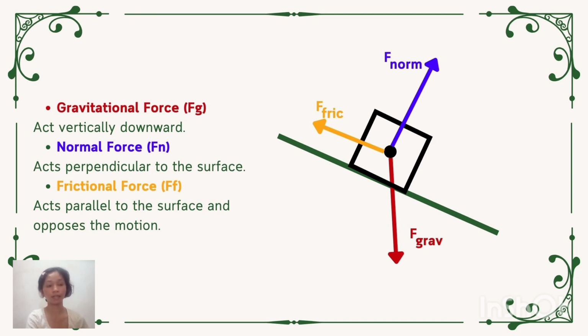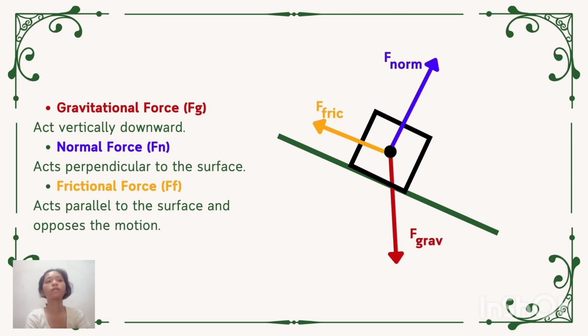If friction is present, the frictional force acts along the surface and opposes the motion. So there are times when we need to consider whether friction is present or not. This diagram helps us identify which forces act parallel and perpendicular to the inclined plane.